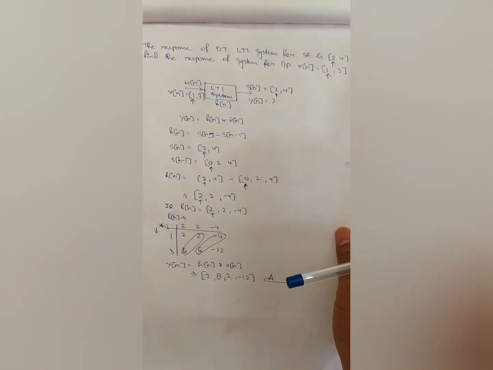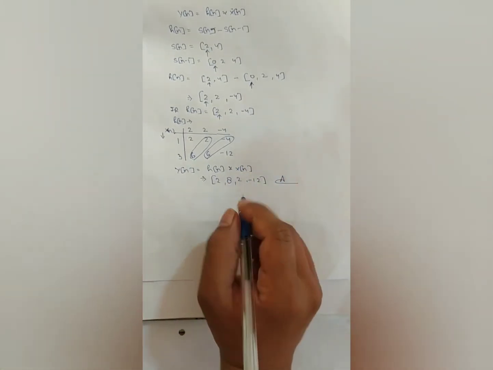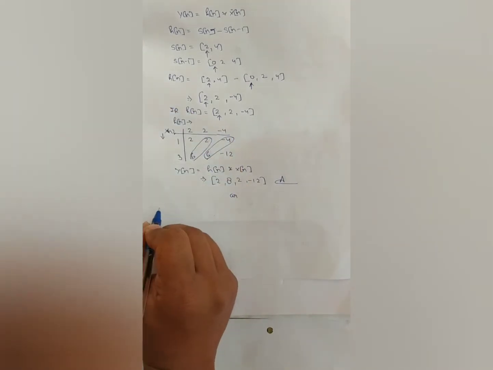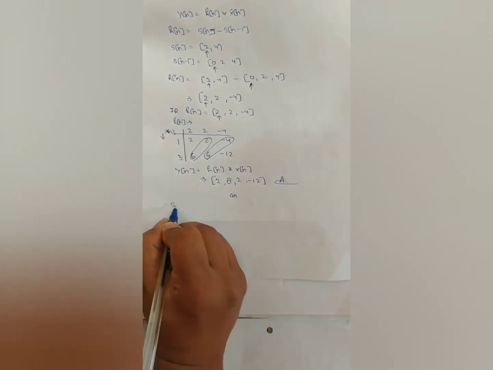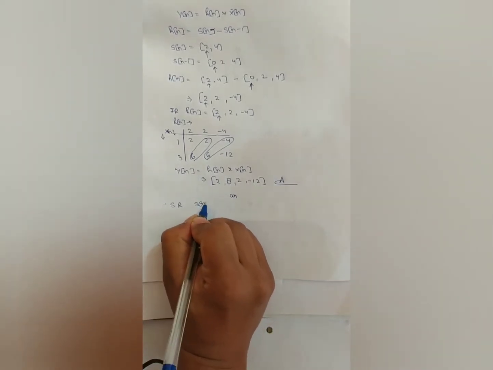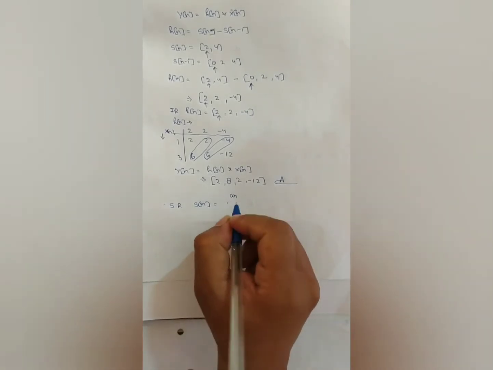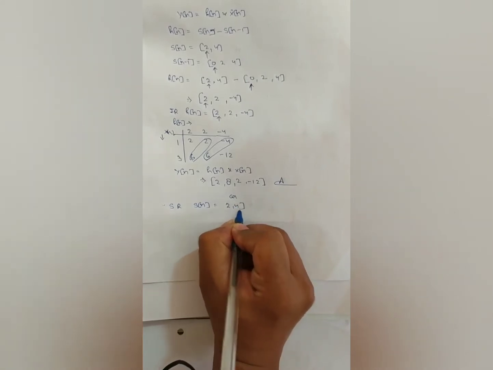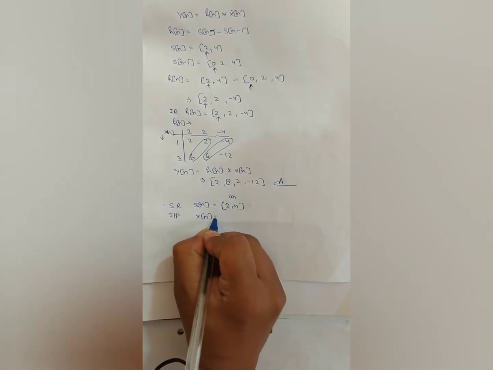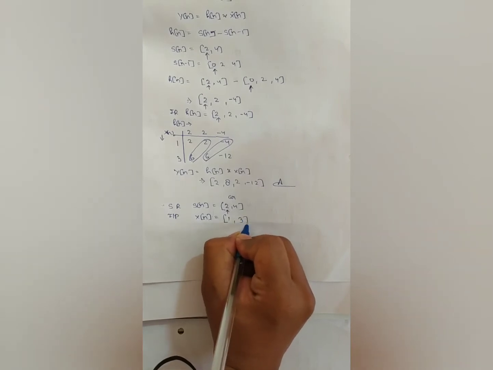This question can be solved by a different method. It is method number 1 and this is method number 2. Here the step response is given as S[n] equal to 2 comma 4, and the input x[n] is given as 1 comma 3.